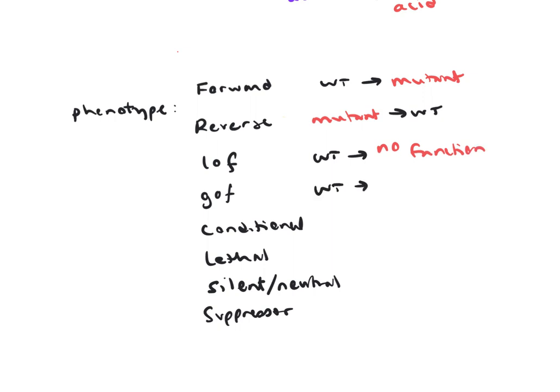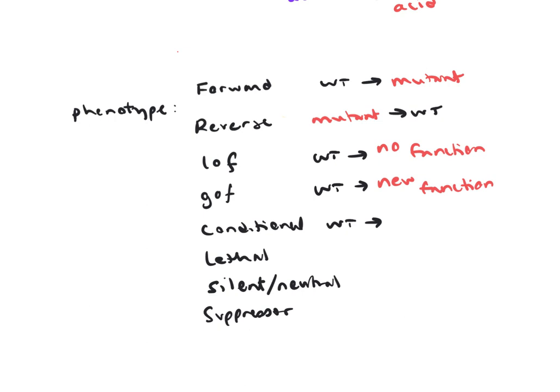This is where there's been a mutation and now it has a new function, or it's functioning when it's not supposed to, which is essentially giving it a new function. So for instance, there could be a change in a sequence that gives an enzyme a new substrate that it binds to, or it could be that an enzyme that's supposed to be working in the eye now works in gut cells. That's a new function for that protein.